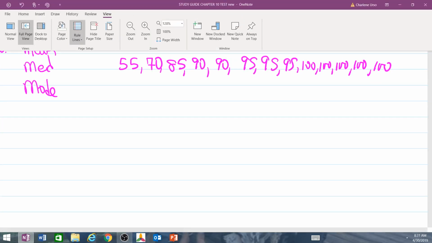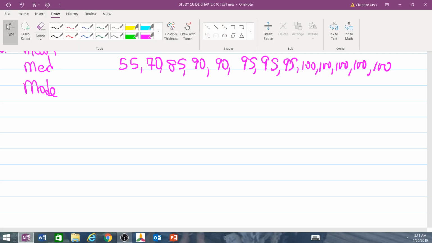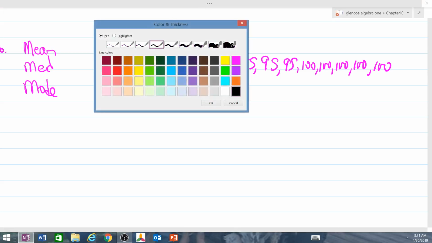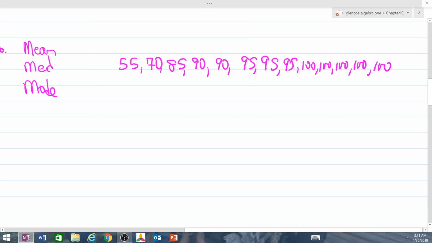All right, so the first thing we want to do here is find the median. Remember that the median is the middle number in a set of data. Did anybody find what the median was? 95. I agree, and I believe it's this 95 right here. Is that correct?